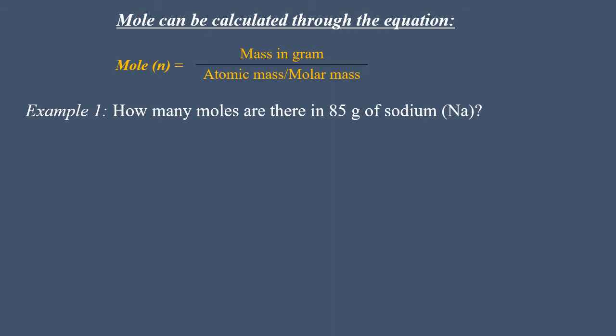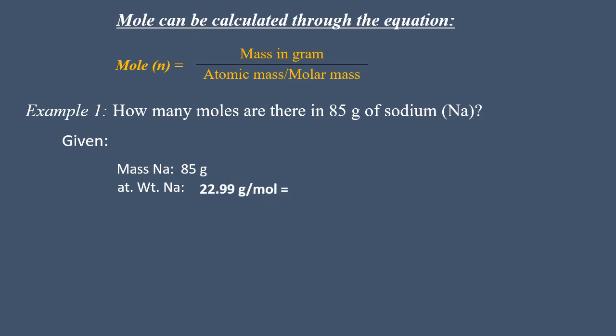How many moles are there in 85 grams of sodium? Sodium is an element, so we're going to look for its atomic weight or molar mass. The atomic weight of sodium can be found in your periodic table, where all other elements are written. Since we are looking for the number of moles, the given quantities are the mass of sodium, which is 85 grams, and the atomic weight of sodium written in the periodic table, which is 22.99 grams per mole.